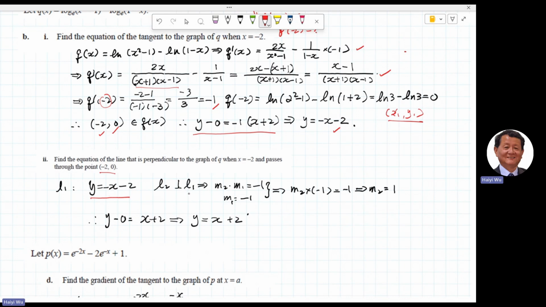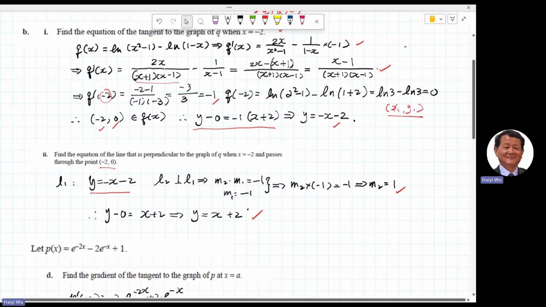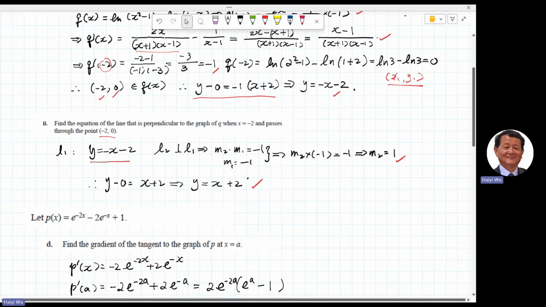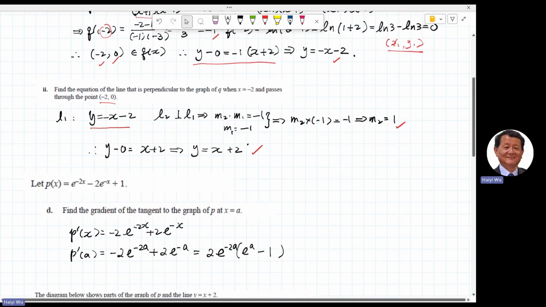So L2 is perpendicular to L1, so the product of the two gradients must be negative 1. Therefore m2 must be equal to positive 1. Then we substitute the same point into the equation, so we get the perpendicular equation y equals x plus 2.